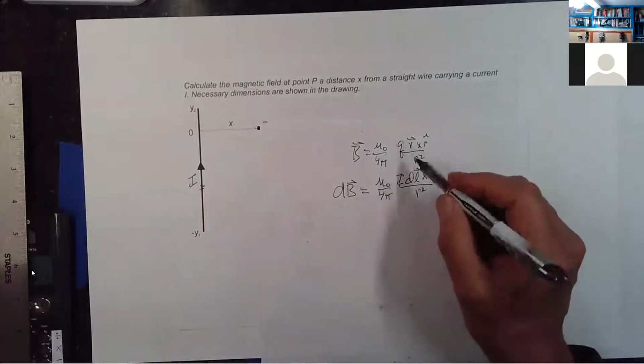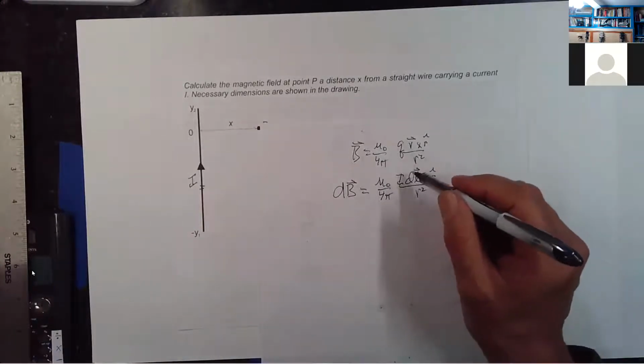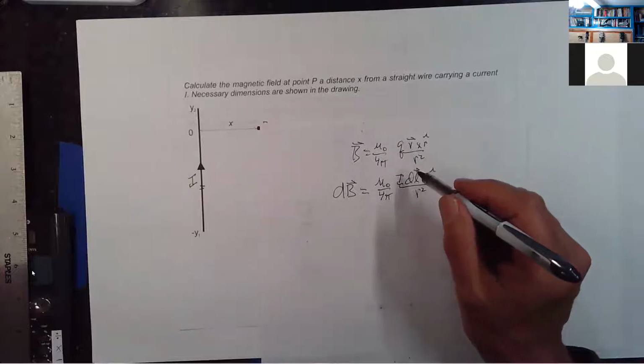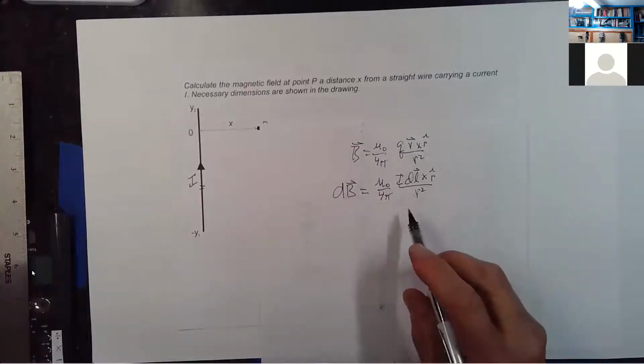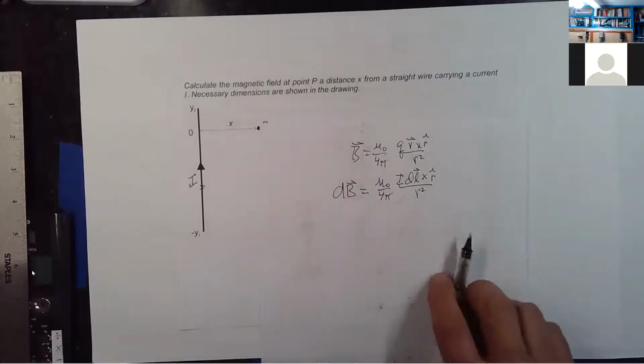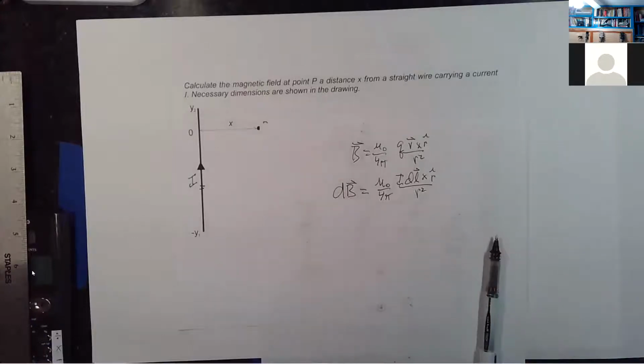With the I in there equaling n q v sub d A, n is the number of charges per unit volume, q is the charge on each one of those, v sub d is the drift velocity, and A multiplies that.